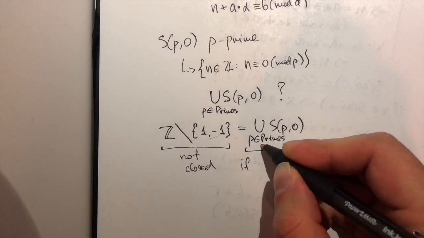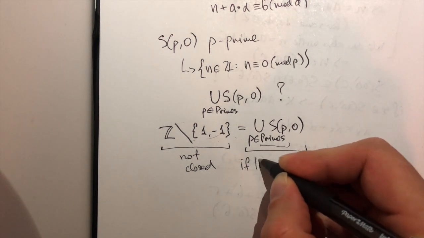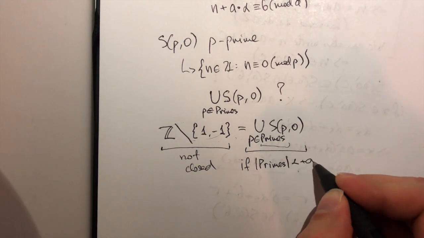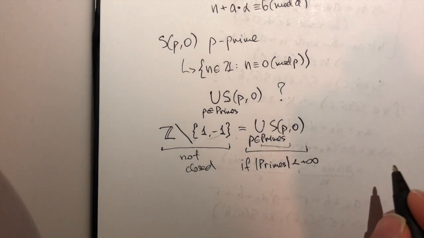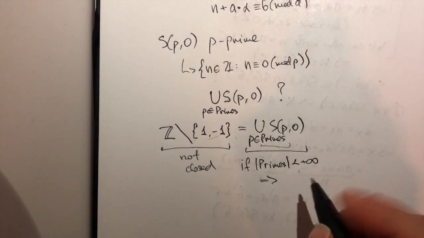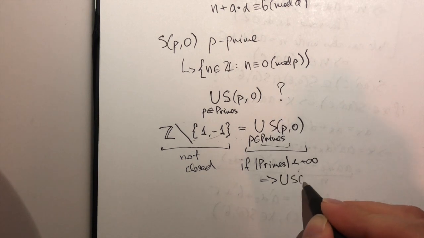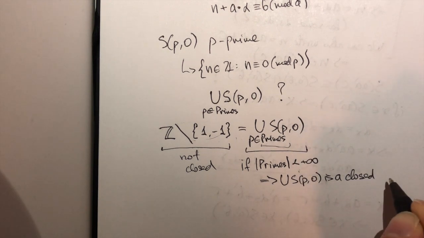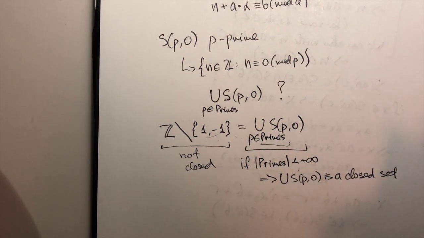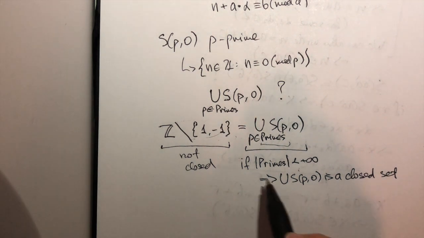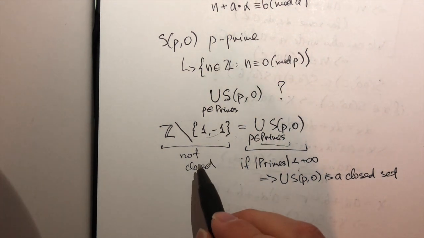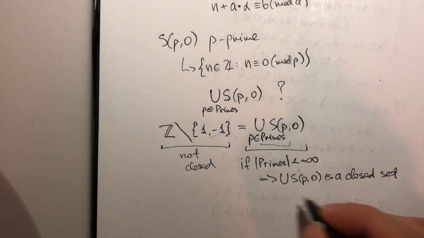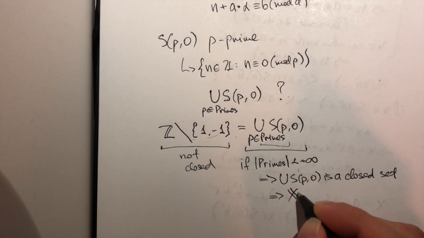If our set of primes is finite, the cardinality is finite, then this union is a closed set. But this is a contradiction, because on the left-hand side, we have a set that is definitely not closed. So we get a contradiction.